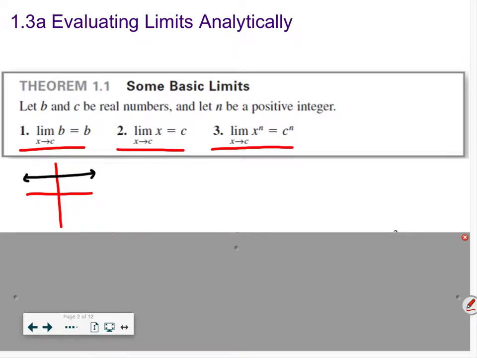No matter what limit I ask you about, what is the y value approaching? We're going to say this is y equals b. Sorry, I didn't set you up very well to answer my question. If that's y equals b, the y value is always b. So anytime you have a limit and you have just a constant right there, you don't have to do any work. It's just that constant. That's what that's saying.